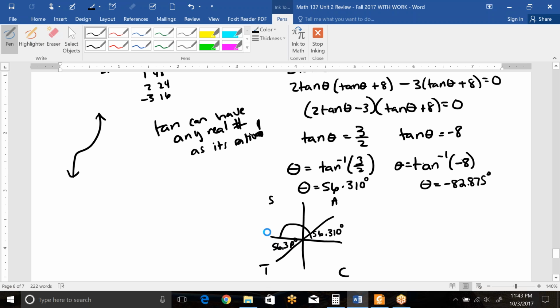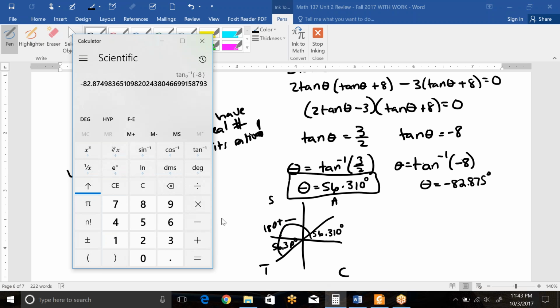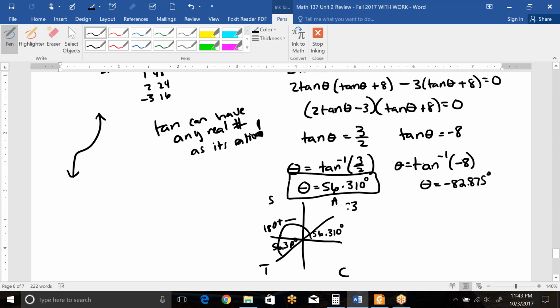And that guy will be 180 plus that. This one is one of my answers because it is the actual angle. This one would be 180 plus the 56.310. So that is 236.310, since we're rounding to 3 decimal places. So that's the 2 angles from this part.